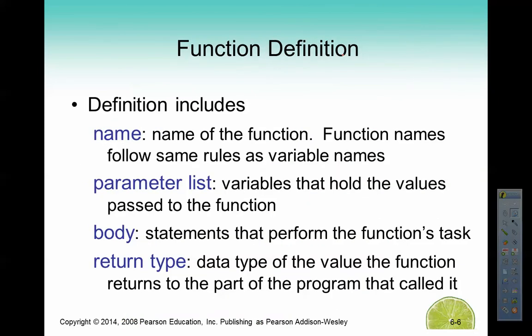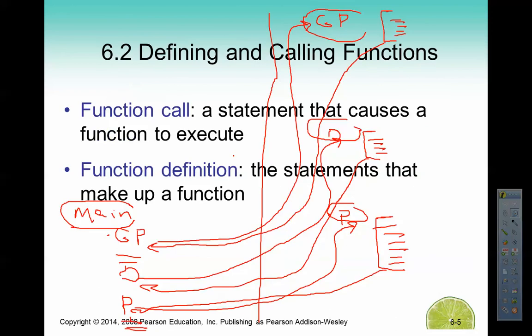For the definition, this is what we need. We need a name, we need a parameter list, we need a body, and we need a return type. What are they? The name is what is going to identify the function, both the call and the function itself. This is called GP, so I know that the one that is going to be answering is going to be GP, right?